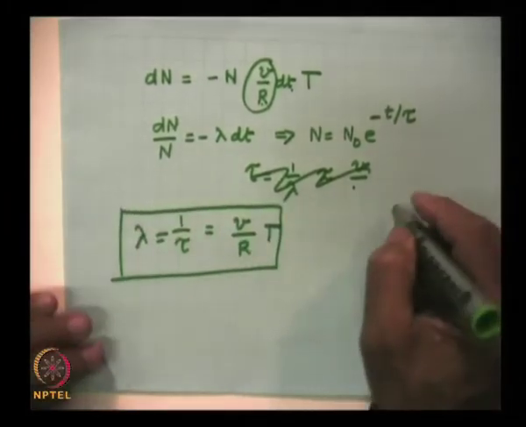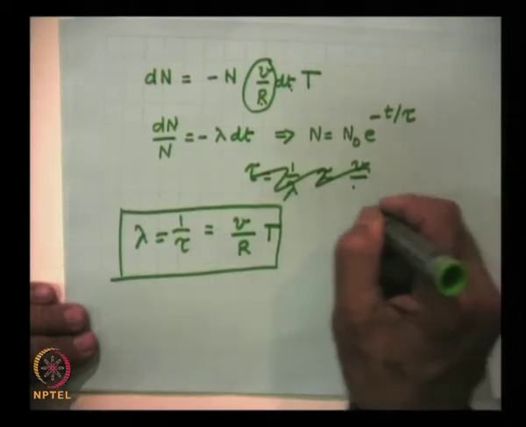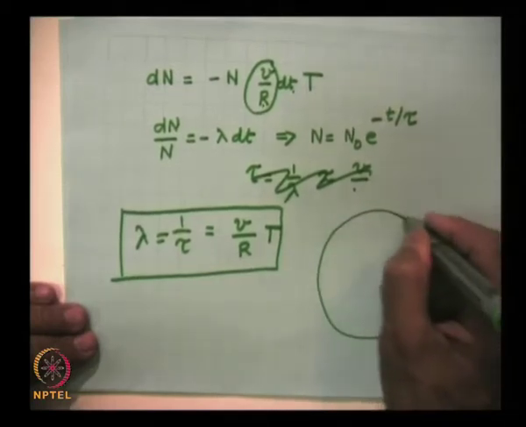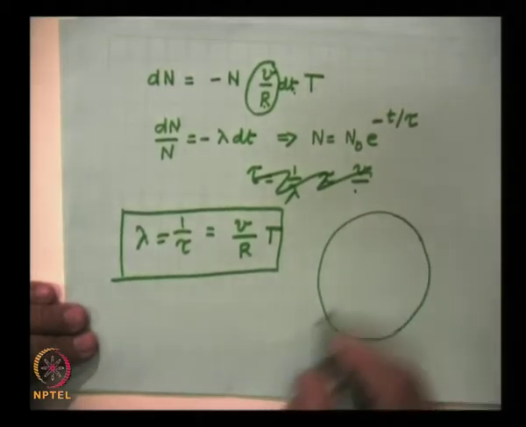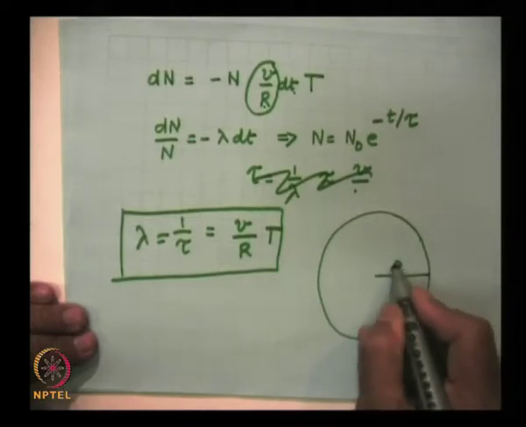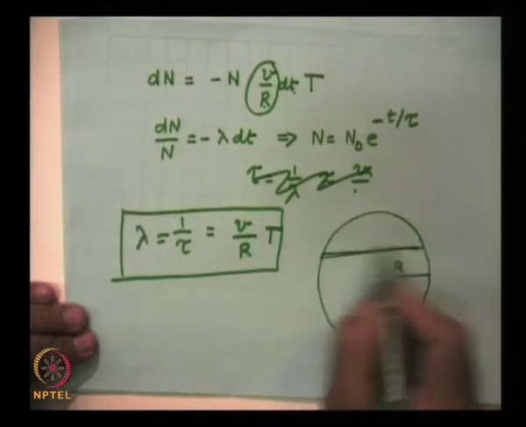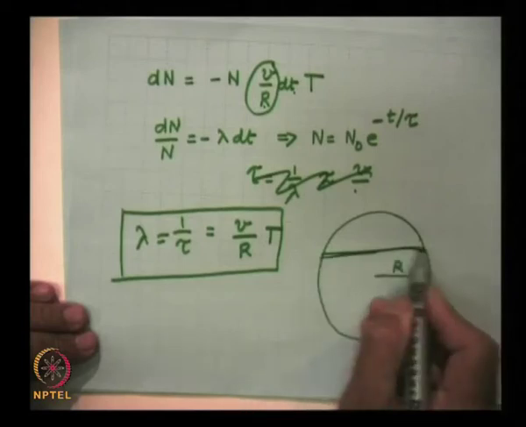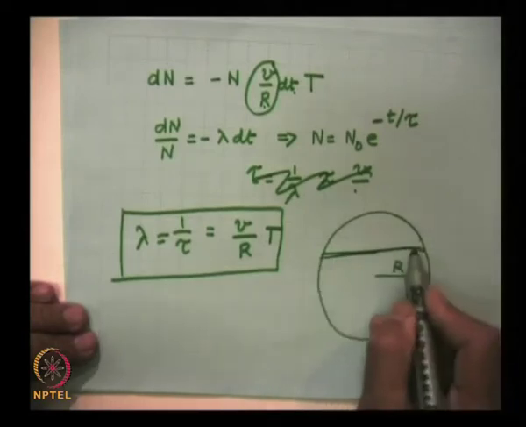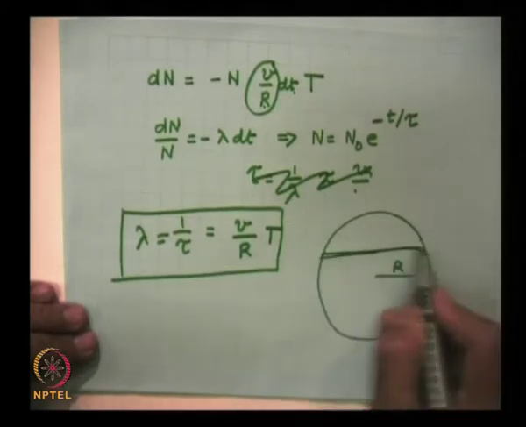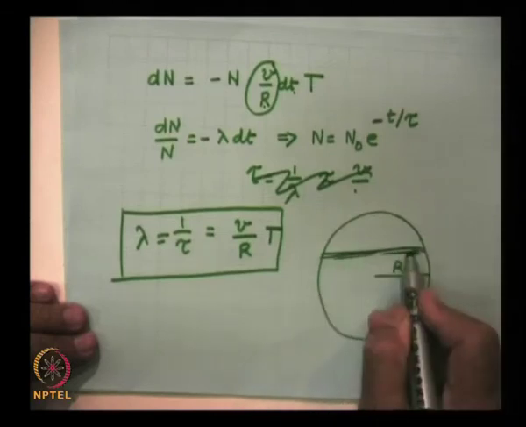Once again, let us suppose I exaggerate the nucleus like this. This is the nucleus whose radius is r. The alpha particle is assumed to be free, moving in a straight line in a semi classical model.